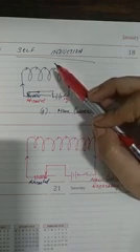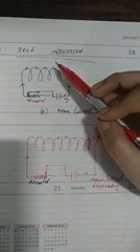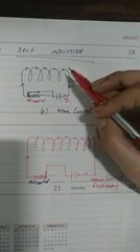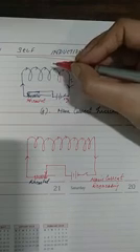Now, according to Lenz's law, the induced current always opposes the change in the main current. So what we know is, when the induced current is generated, that induced current will always oppose the main cause which is giving the magnetic flux.